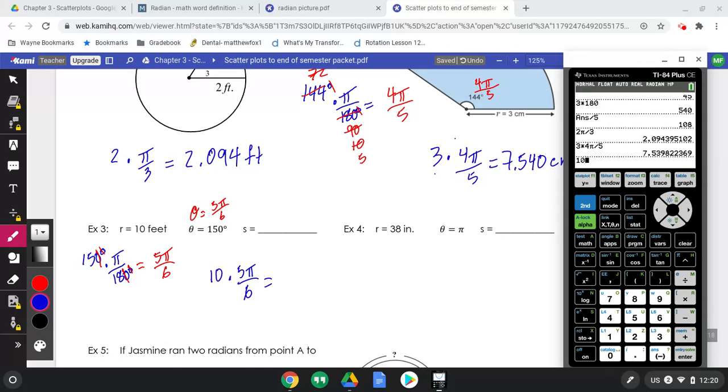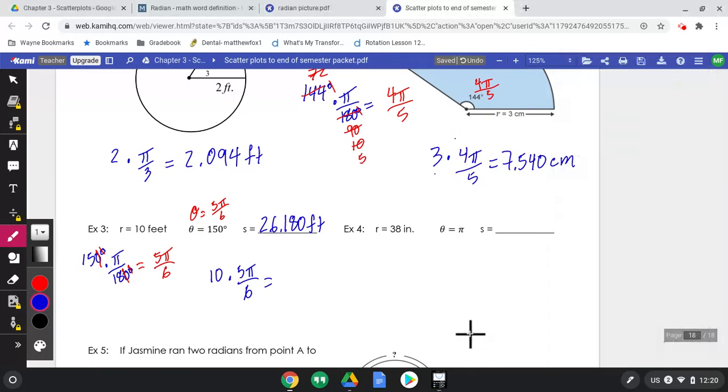So I go up here, 10 times 5, hit second pi, divide that by 6, I hit enter, and I get 26.1799. Once again, if we round that fourth one up, the next 9 goes up again, so 26.180. And our label here is feet.